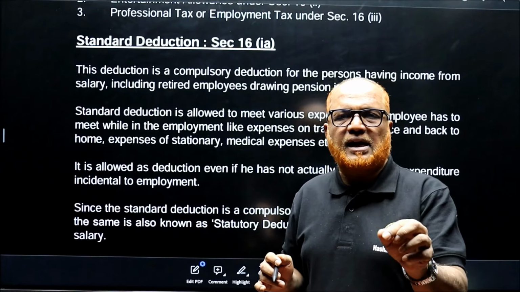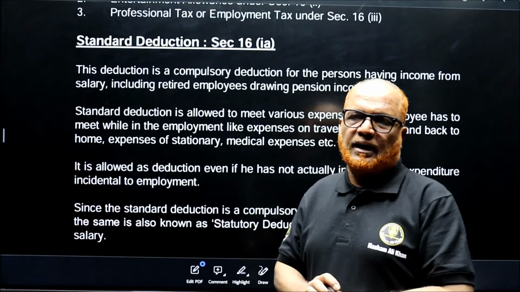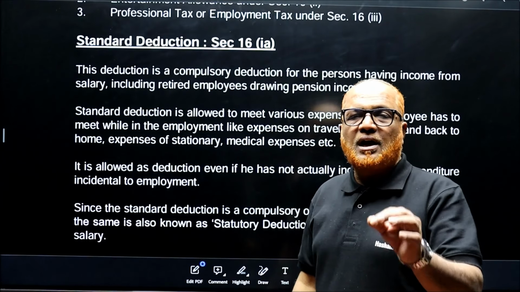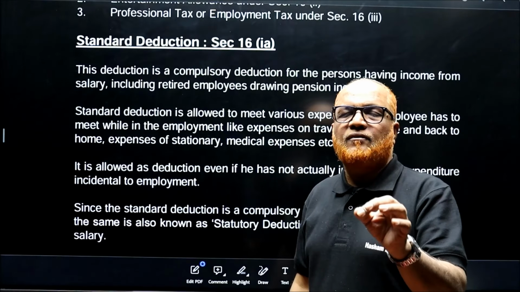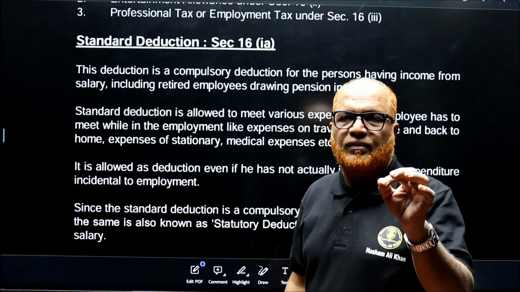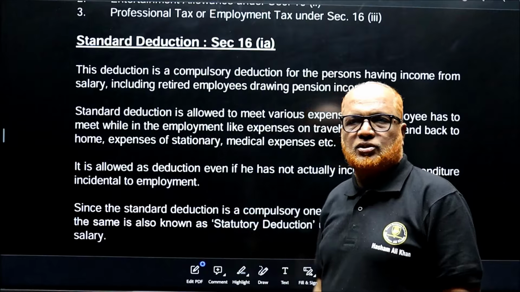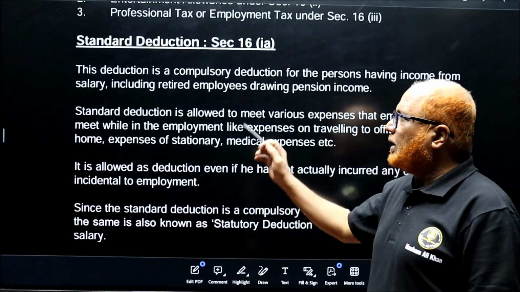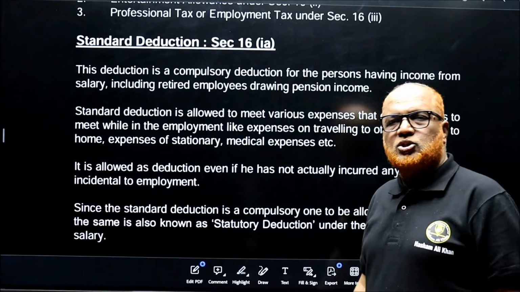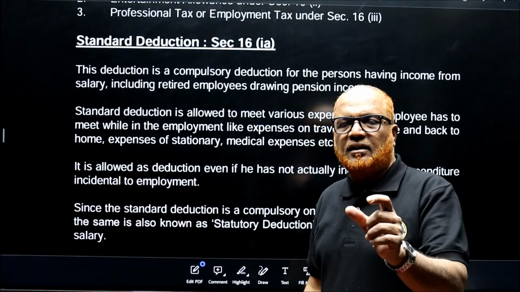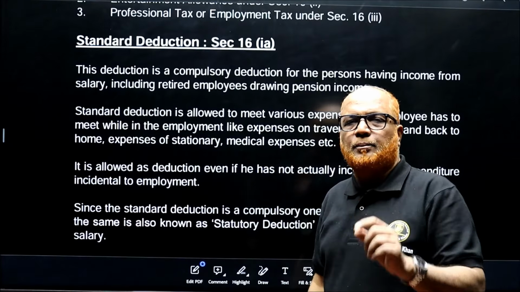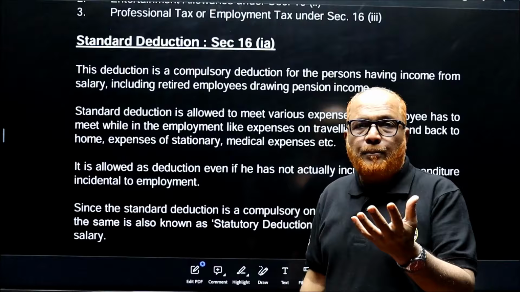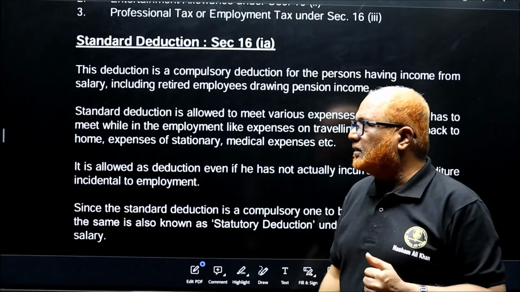Only for income from salary do we have the standard deduction. This is a compulsory deduction. That means every person who has income from salary will get this deduction compulsorily, including retired employees drawing pension. That means this standard deduction is allowed not only to present employees, but also to past employees who are getting pension.